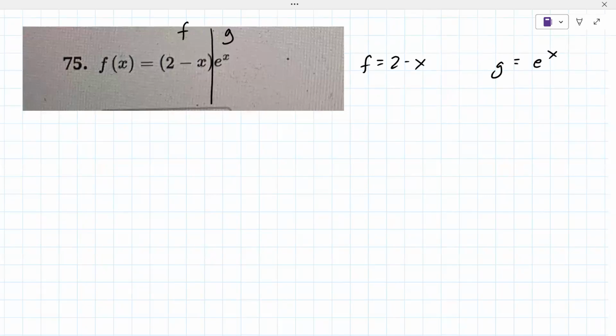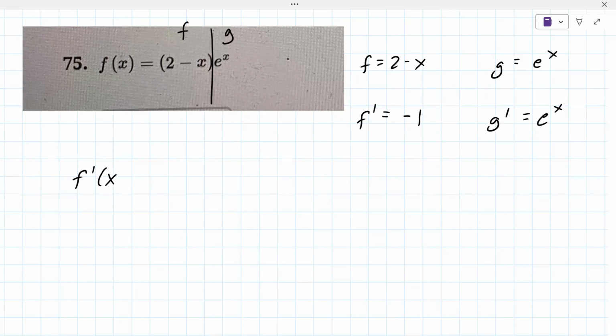Will you take the derivative of both of those for us, please? f' is just 1, and then -1. Oh, right, yeah. And then e^x is e^x.